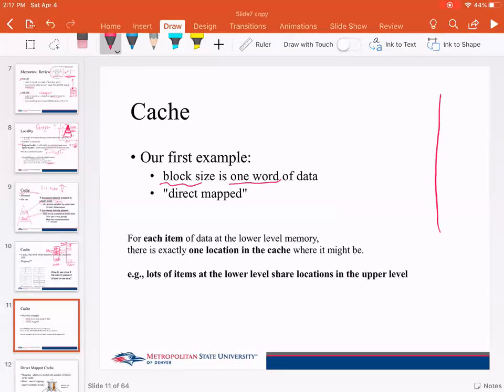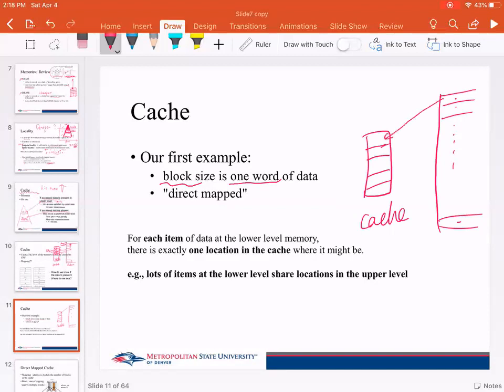Of course, we have many more locations in the RAM. So in order to map them to only a small number of locations in the cache, many of them have to share the same location. For example, we map the first location to the first block in the cache, the second location to the second block, the third to the third, the fourth to the fourth.